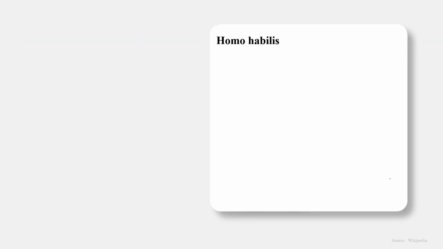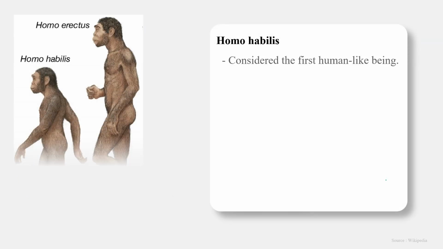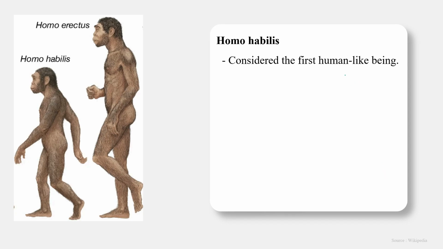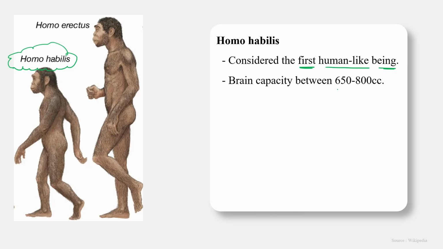After hominids, Homo habilis comes, and they are considered the first human like beings. This Homo habilis was smaller, short-heighted. Their brain capacity was between 650 to 800 cc. They didn't eat meat. And after that, Homo erectus.